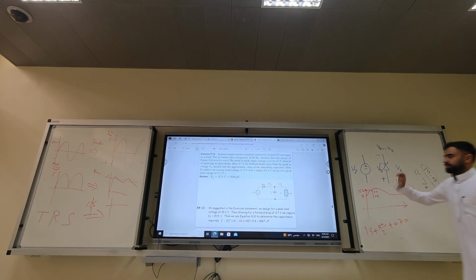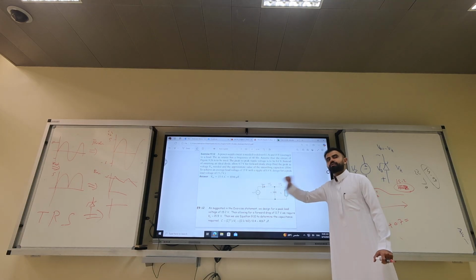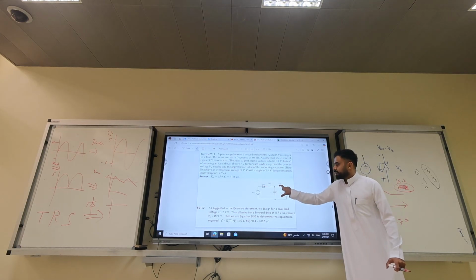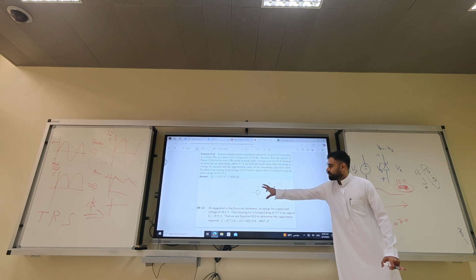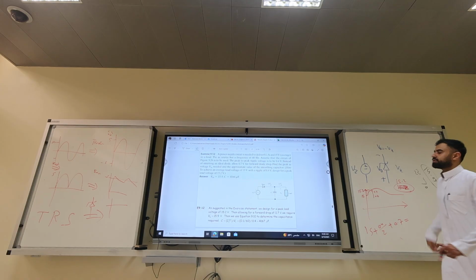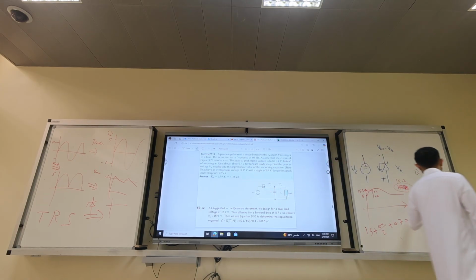Well, this is 15, this is 0.7, so you need to design for 15.7. Okay, he wants it here, but you need to design plus 0.7. Let's write the equation.